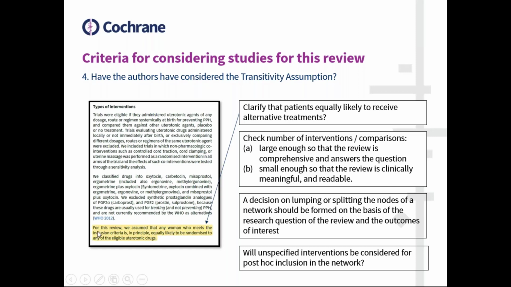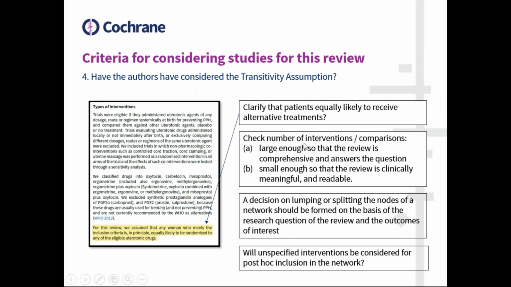Here it says, for this review, we assume that any woman who meets the inclusion criteria is, in principle, equally likely to be randomized to any of the eligible uterotonic drugs. So that's what I was talking about before, that the women in any of the studies could have theoretically been randomized to any of the particular interventions. So we need to clarify that the patients are equally likely to receive the alternative treatments.